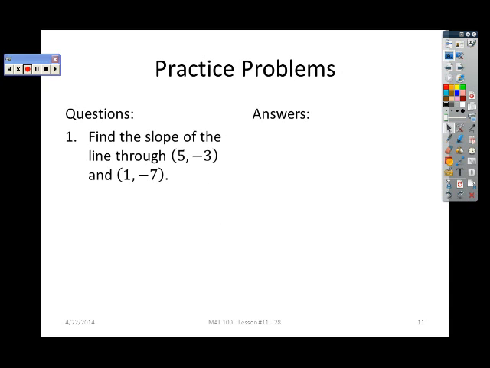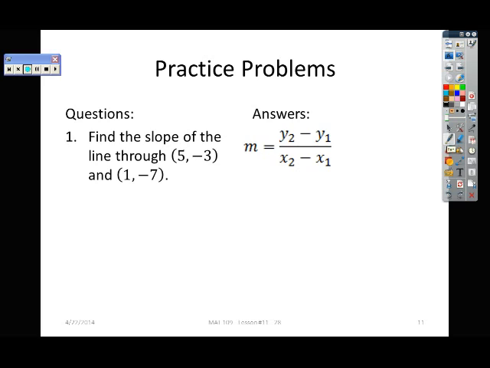All right, what's the slope of that line? 2 points gives you a single line, so there's a single slope.